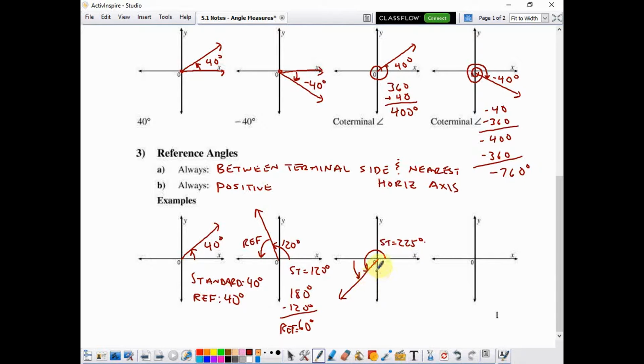In this case, I can subtract this 180 right here from the 225. 225 minus 180 degrees, and that is a reference angle of 45 degrees.